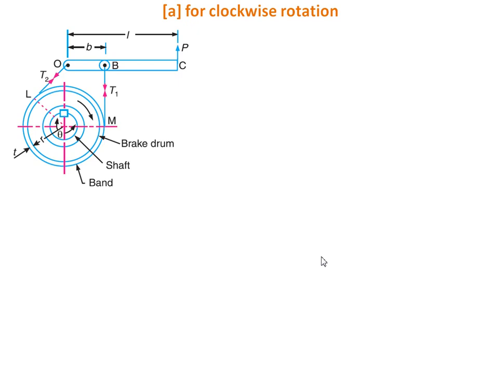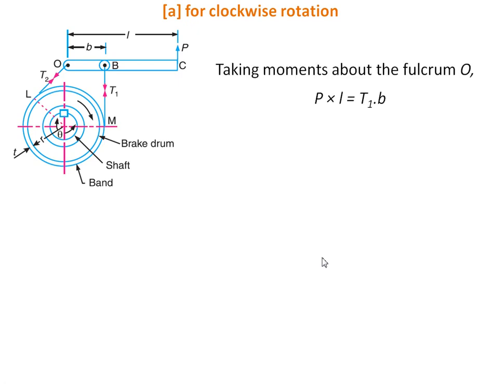So for clockwise rotation, taking moments about fulcrum O. So if we consider this clockwise rotation and point O, so this T2 passes through point O. Therefore, moment due to this T2 will be equal to 0. So T1 will be producing clockwise moment and P will be producing anti-clockwise moment.